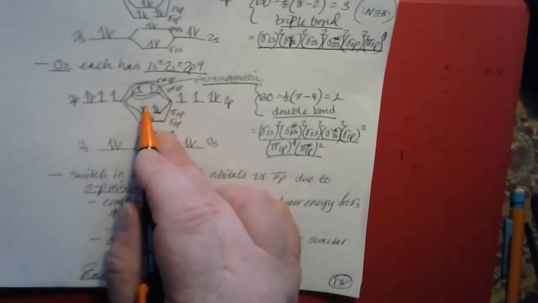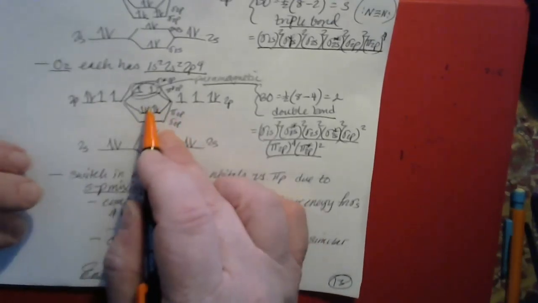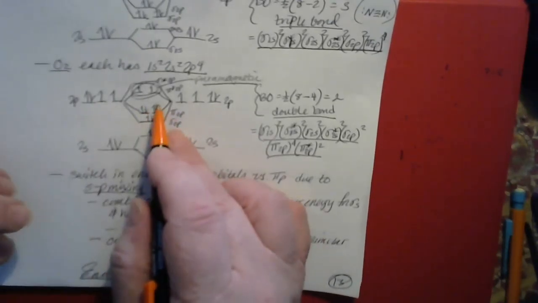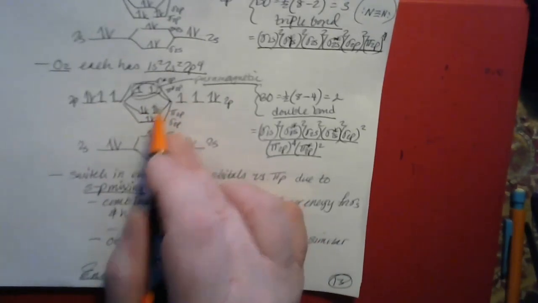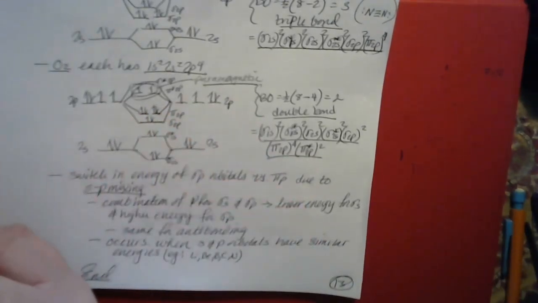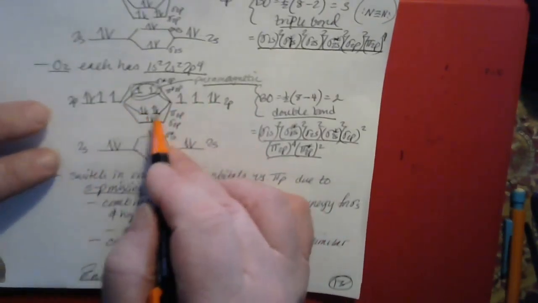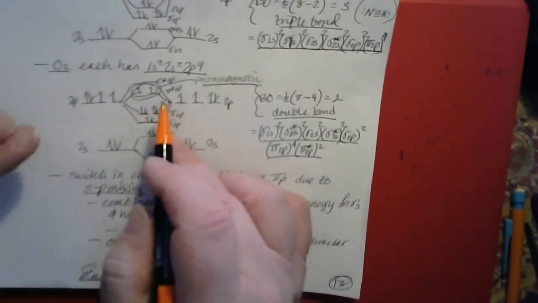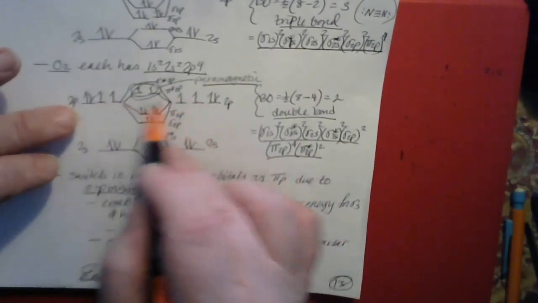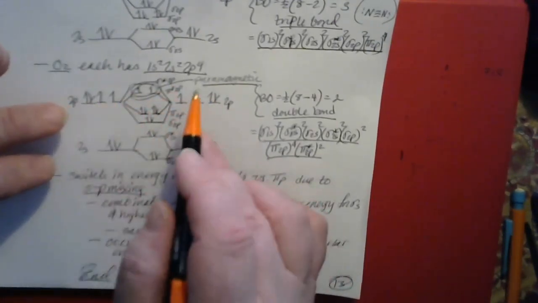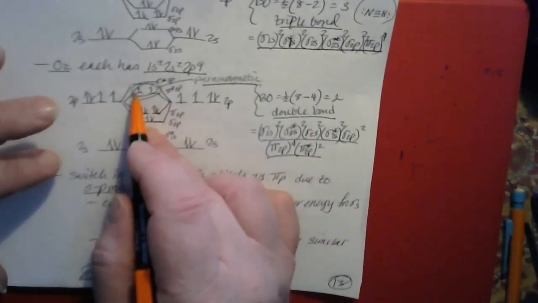Then the next one after that pairs up with one of the electrons in the pi 2p bonding orbital, and the next one pairs up with the other electron. And you still got 2 more electrons to go. That's only 6 electrons that we've used so far. We've got 8 in the p orbitals of oxygen in the valence shell, so there are 2 more.